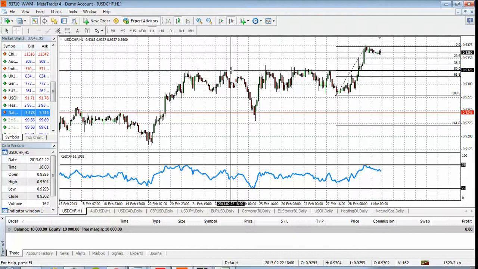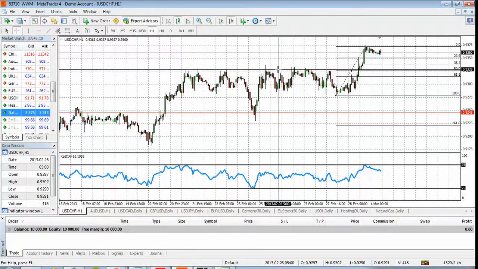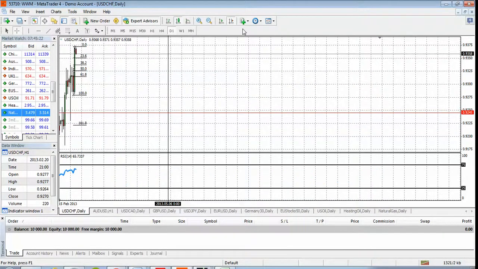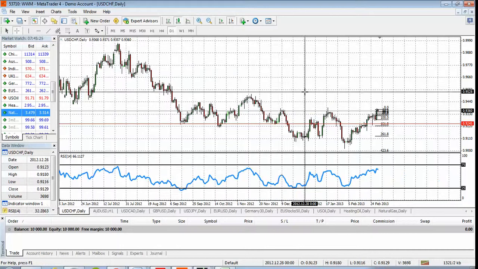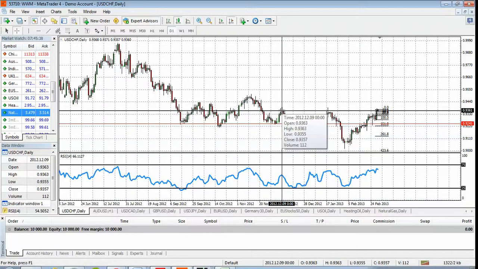We are a little bit overbought. We didn't quite reach into overbought territory for RSI. I have mine set at 75, so definitely a good level to look at, but we were not quite able to break above that. So it is possible that a further push to the upside could endure, but I do like the fact that we are above this most recent high here at 0.9347, and a little bit further back we're just testing the high at 0.9363.